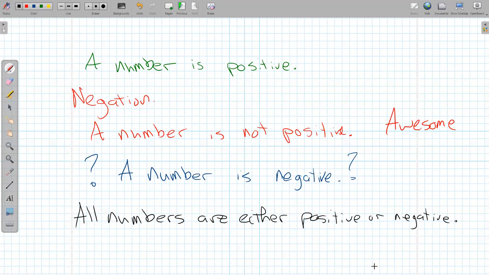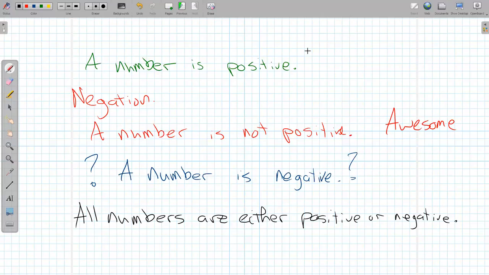Like it's not either you're a poor speller or a well speller, you could be just an average speller. So there's sometimes stuff in between. 0 is in the middle, right? So this statement is not true. It's false. This statement right here in blue is also false.